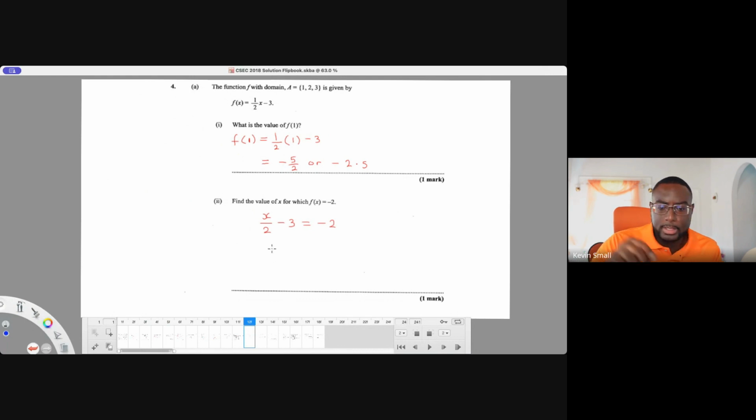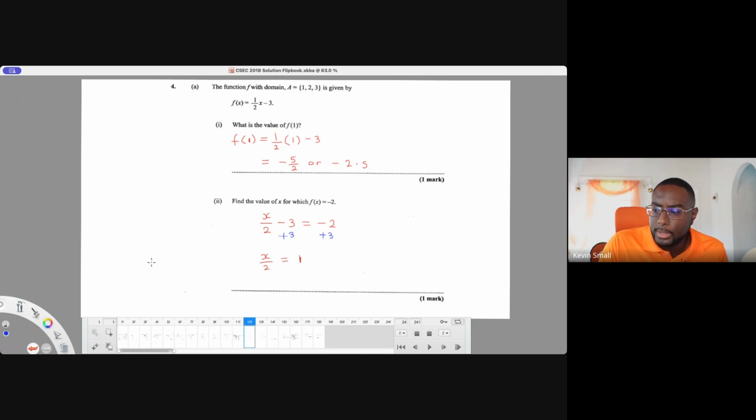So let's go. You add the 3 to both sides. That is the first step. And then you end up with x over 2 equals 1. And then you multiply both sides by 2. So that's all it is.